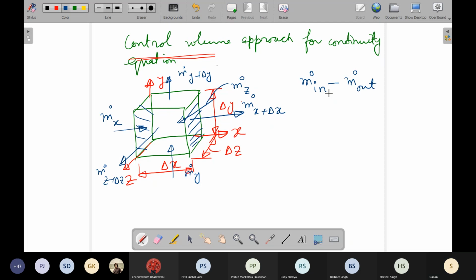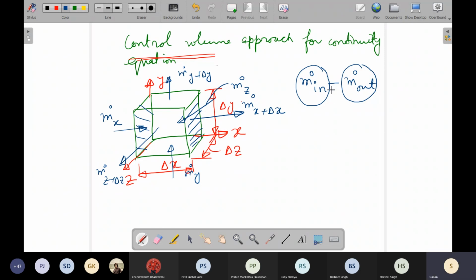But if it does not, let us say the flow across different faces in totality enters at a rate of, say, 10 kg per second, and it is leaving again in totality over all the faces at a rate of say 1 kg per second.